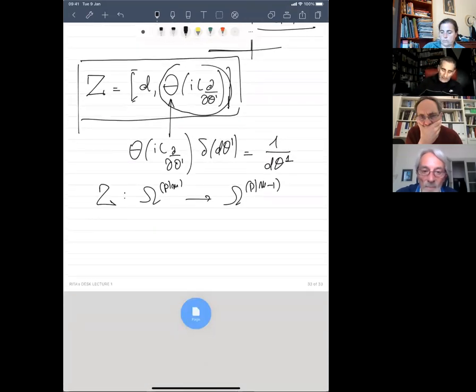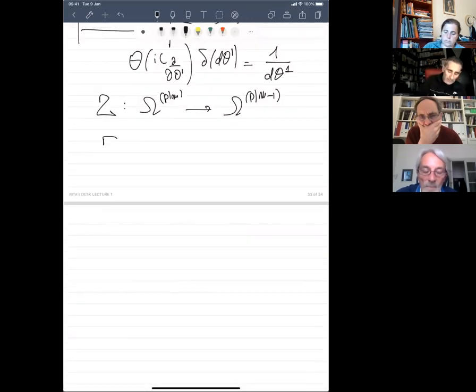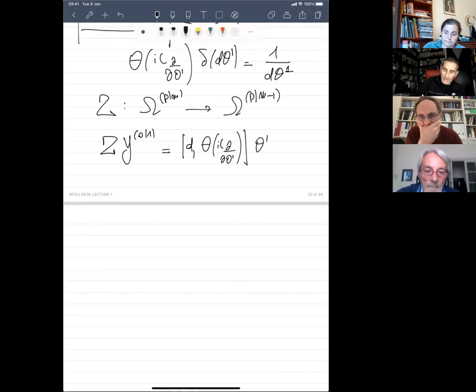Actually, if you calculate, for example, what happens with Z acting on Y^{-1}, let me do the calculation. It works in this way. I have the derivative d/dθ^1 acting on θ^1 of δ(dθ^1). Let me do this nice example here and write down all the steps.